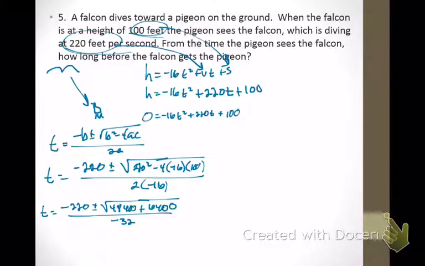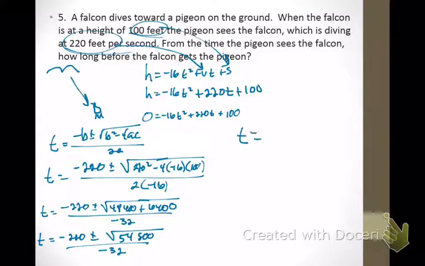Right, we're going to keep working on simplifying. So t is equal to negative 220 plus or minus the square root of 54,800 all over negative 32.